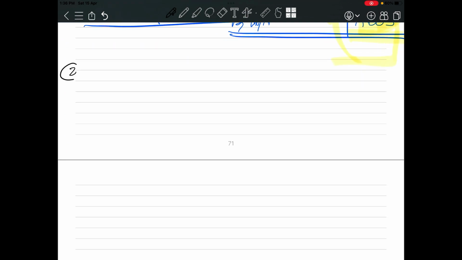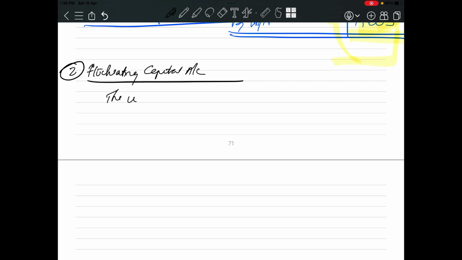Now let's move to the next concept of fluctuating capital account. What is fluctuating capital account? The word fluctuating means changing.